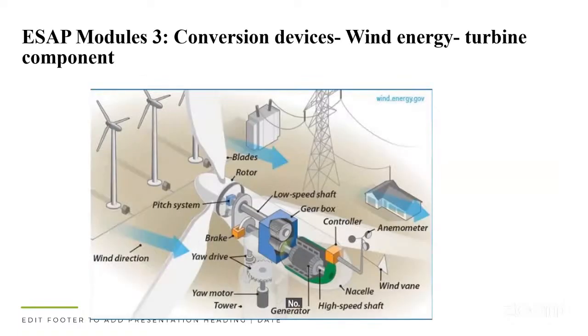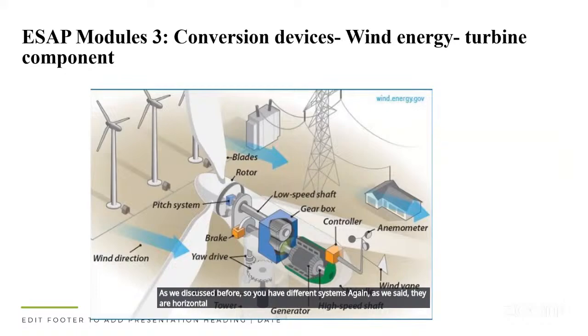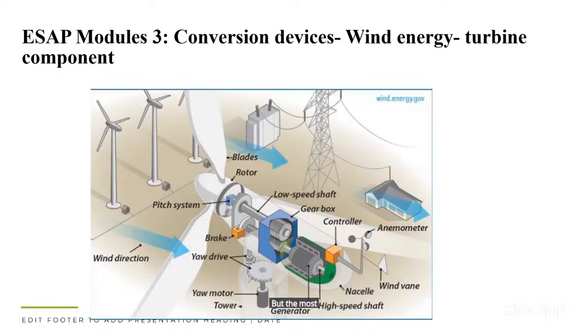Now, if we are looking at wind, as we discussed before, you have different systems. Again, as we said, they are horizontal and then the vertical type. But the most important thing here is that you also have rotors.